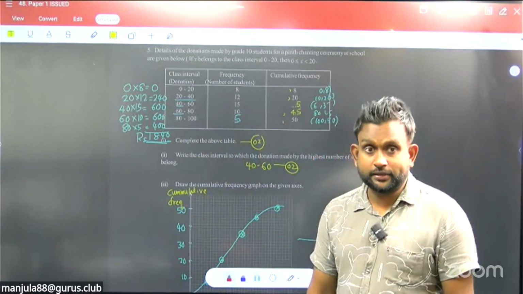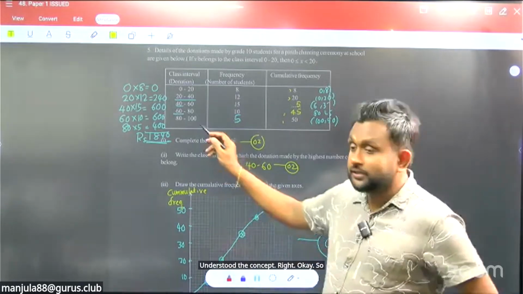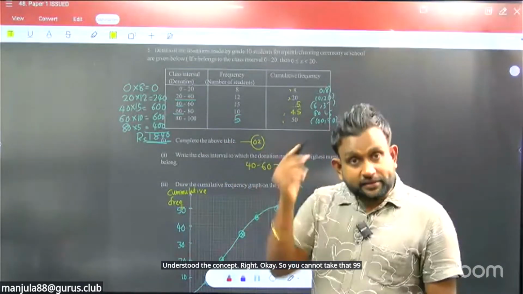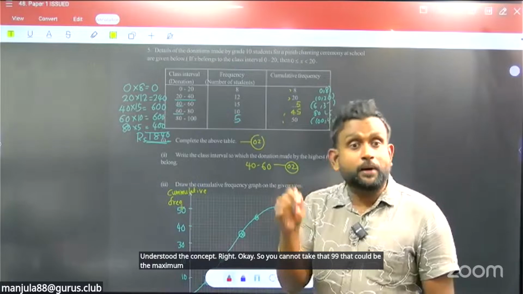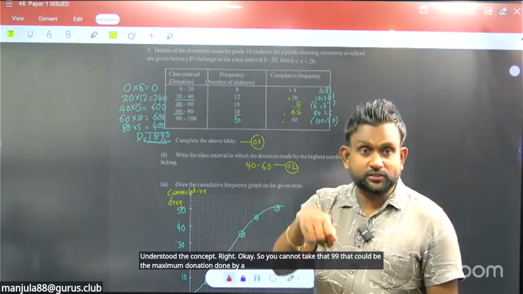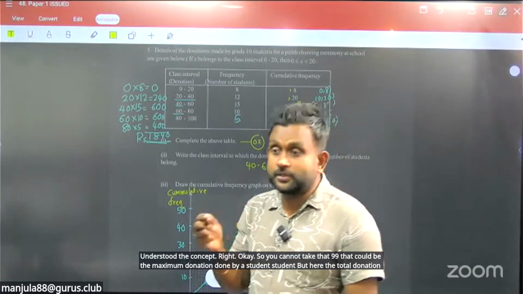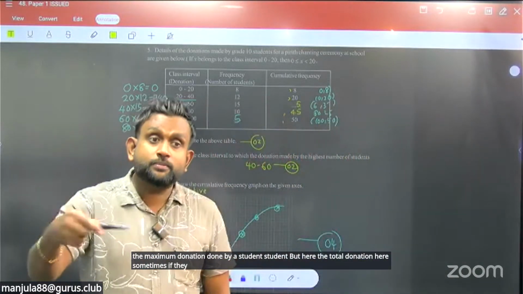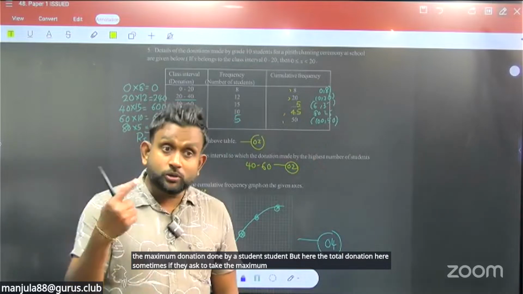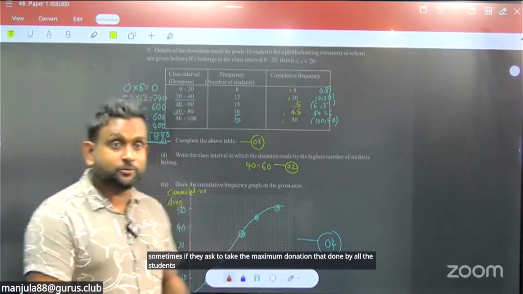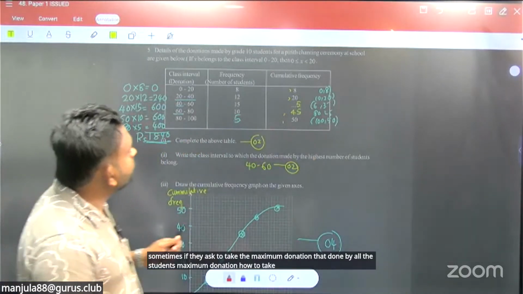Understood the concept? Right. So you cannot take 99, that would be the maximum donation done by a single student. But here it is the total donation. Sometimes if they ask for the maximum donation done by all the students, how do we take it?